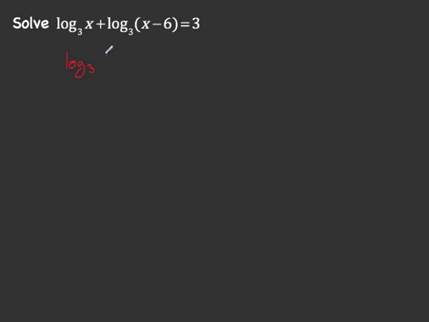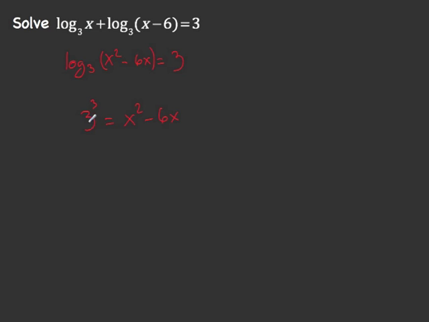Log base 3 of x squared minus 6x equals 3. Now I'm going to rewrite this in exponential form because I can solve equations that have exponents in them, but with the logarithm there's not much we can do right now. So I'm going to rewrite it in exponential form. The base 3 to that third power is x squared minus 6x.